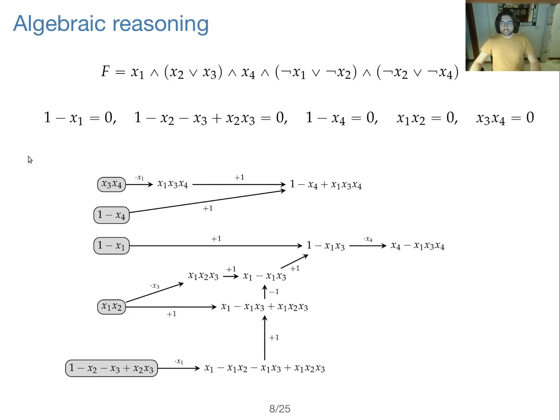Now, at some point, we derive the equation 1 equals 0. But 1 equals 0 is unsatisfiable. This means that one of the initial equations is always falsified, whichever is the assignment that we assign to the variables. Therefore, the set of initial polynomial equations is unsatisfiable.